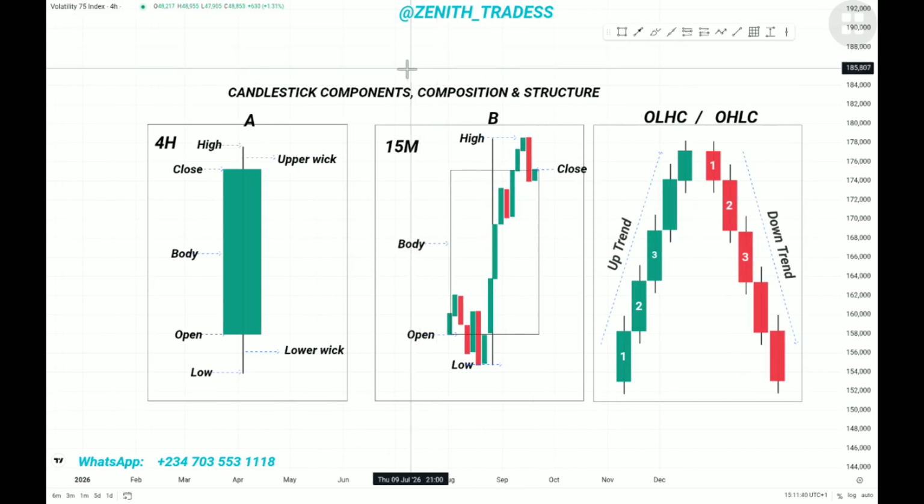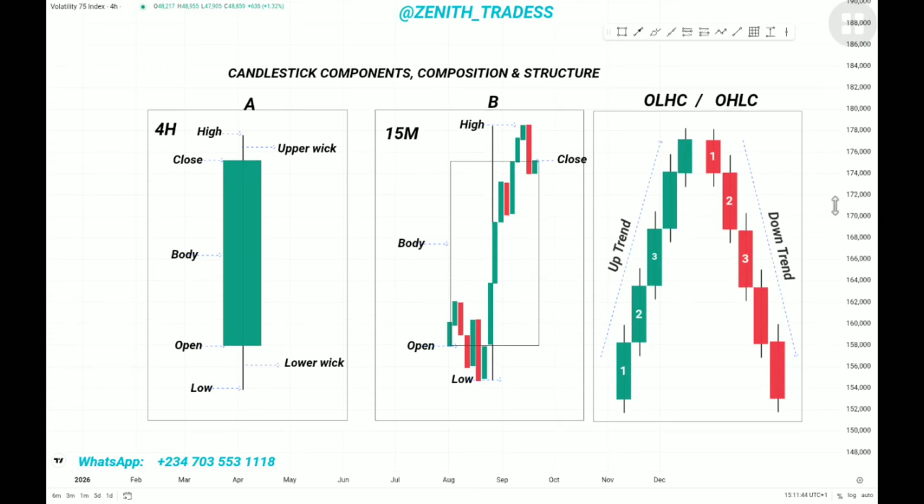All right, this is candle A, and the first thing we're discussing is components. So this is a candlestick, and we can see it. What are the components of a candlestick? First of all, it has how many components? 6 components. It has a body, the opening price, the closing price, high, low, and the wick, upper wick, lower wick.